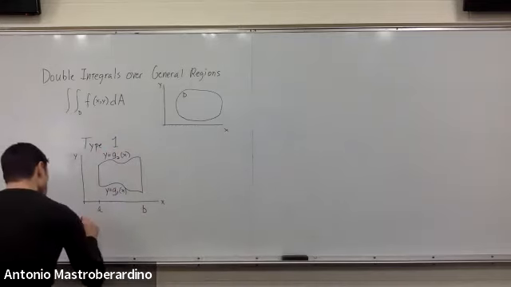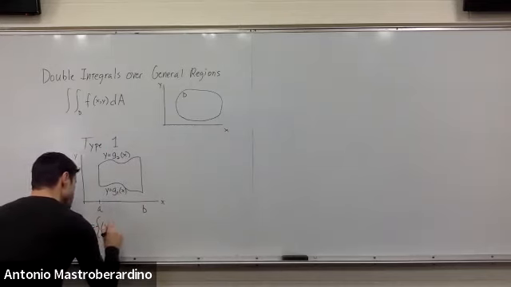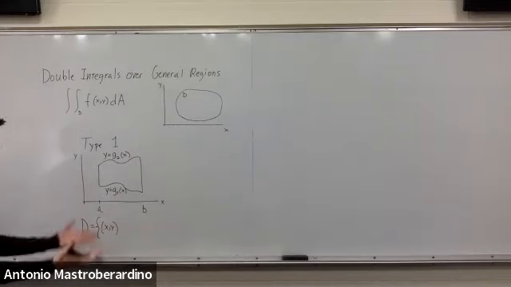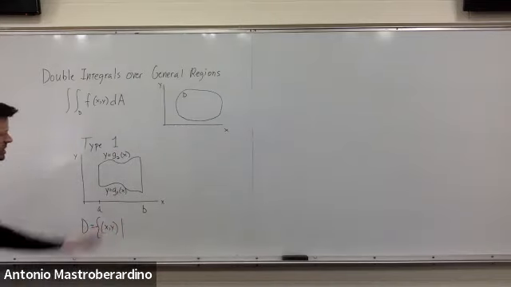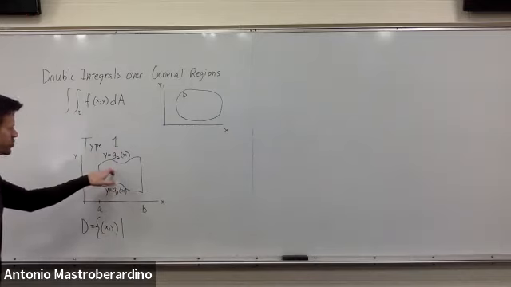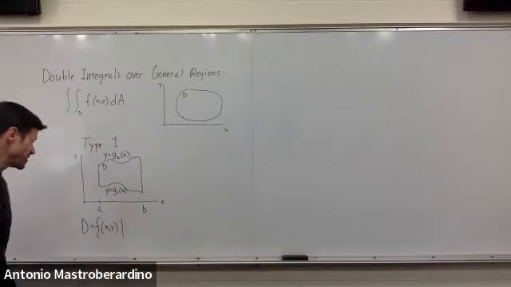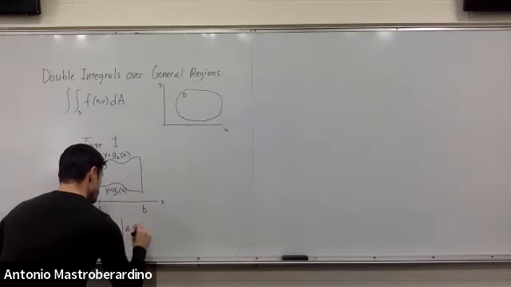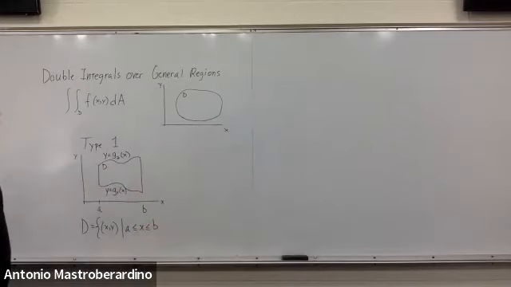And one thing that we can do with this type 1 region is that we can define it using set builder notation. It's the set of all points xy in the xy plane such that, for any point in this region D, the x component is between A and B. So that's one of the properties that we can list here.